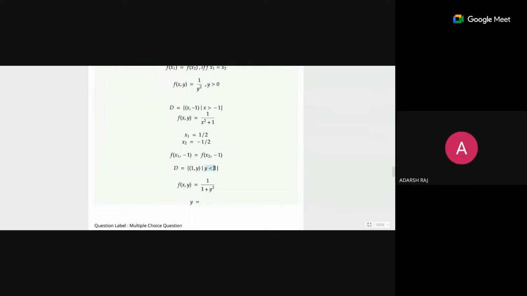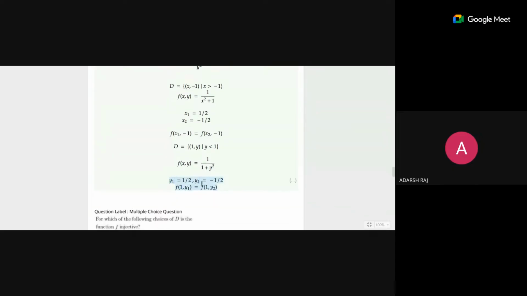Here y is less than 1, so just take y equal to 1/2. So y1 is equal to 1/2 and y2 is what? Minus half. If you put this, it is also like this, right? Here x is 1. So these both are equal. Can we say this function is injective? No, sir, this is not injective.